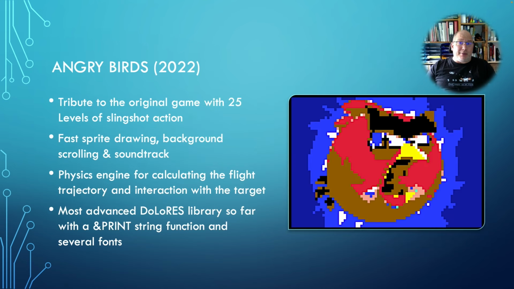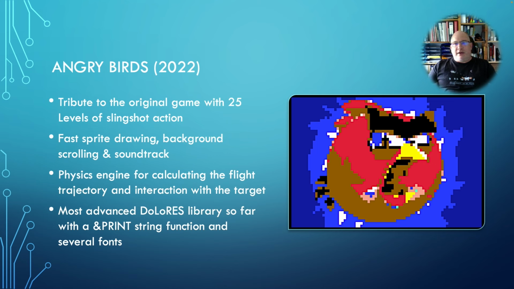The last Double Lo-Res game we produced was Angry Birds, a tribute to the original game with 25 levels of slingshot action. And we produced it in the autumn of last year before Christmas. The game contains fast sprite drawing, background scrolling, and a soundtrack, as in the pudding game. But also, which is new now, is a physics engine which calculates the flight trajectory of the birds.